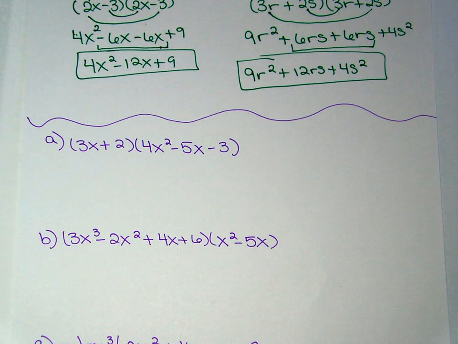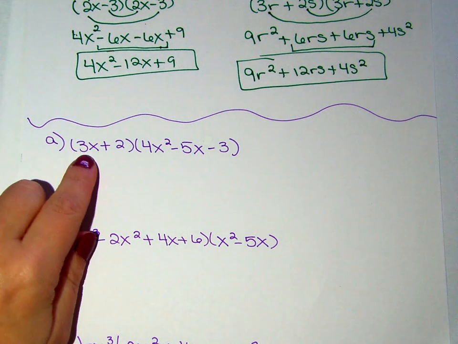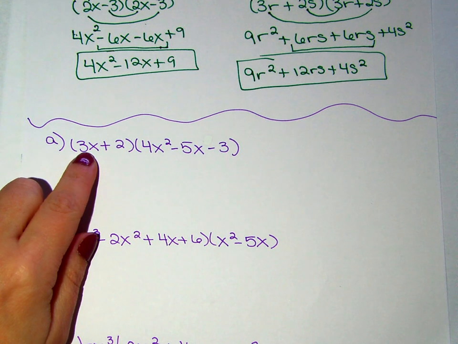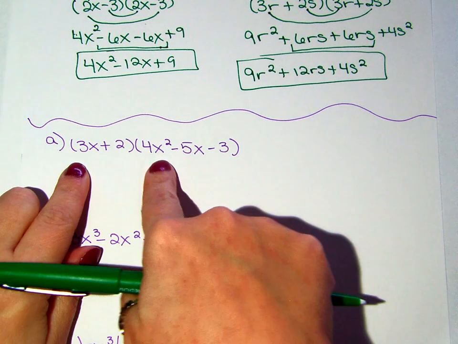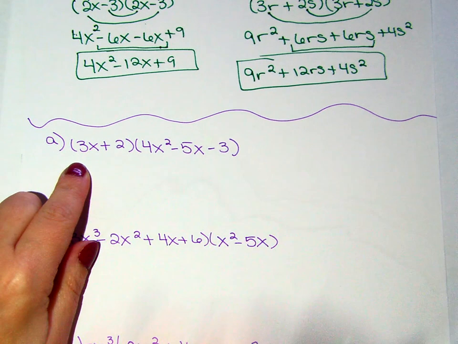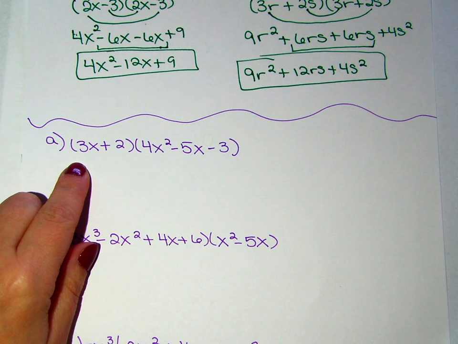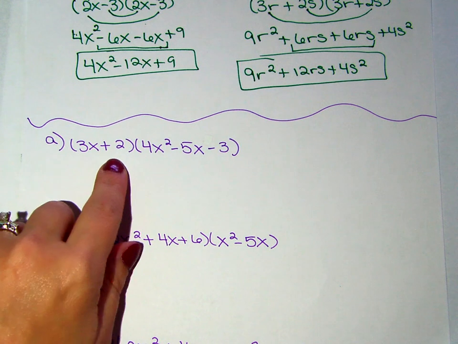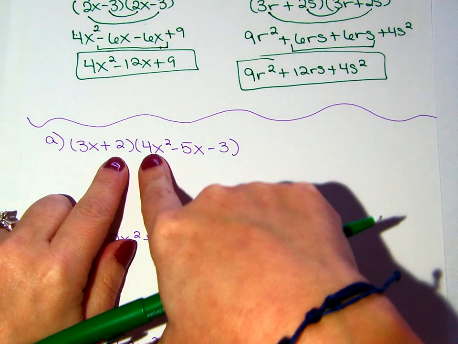I'm going to take the first term in my binomial, the 3x, and distribute that to every single term in my second set of parentheses. Then I'm going to distribute the 2 into every single term in my second set of parentheses.